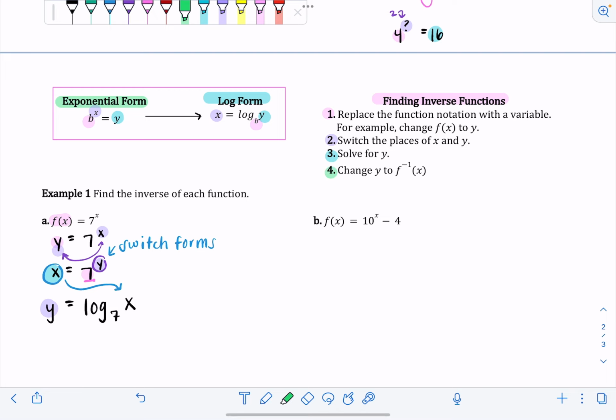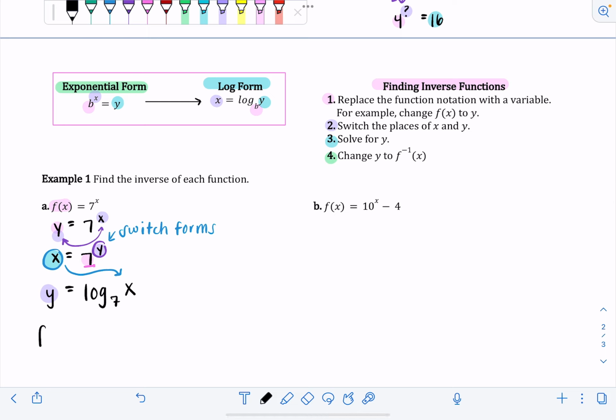And we can move on to step 4, which is just to change y into the inverse of f of x. So the inverse of f of x is equal to log base 7 of x. As you get more comfortable with this, it will be as straightforward as it looks, because if you look back at the original problem, it's f of x equals 7 to the x.